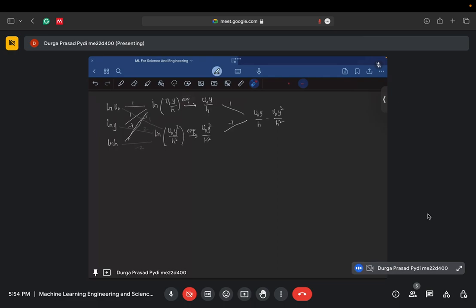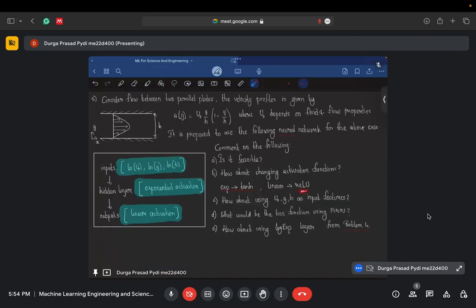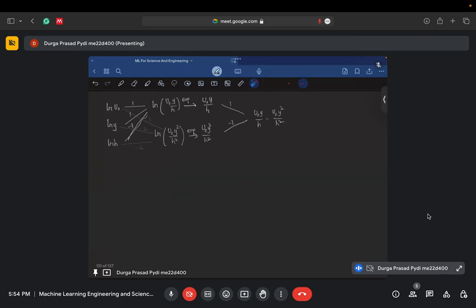Because of the range. Yes, because of the range. This u0 y by h could actually be between different values, and tanh is between minus 1 and 1, so you have that problem. So what about ReLU? Instead of tanh, if I use ReLU, it is between 0 and some finite quantity, and all these values are between 0 and some finite quantity. So you should be able to use ReLU and get to the final answer.